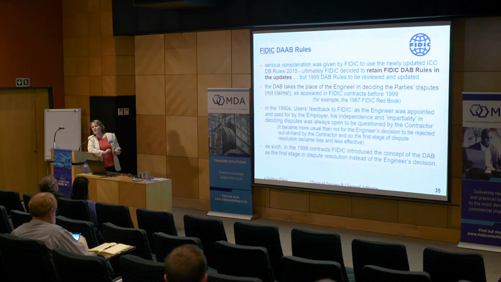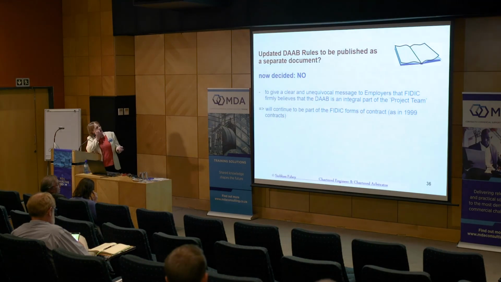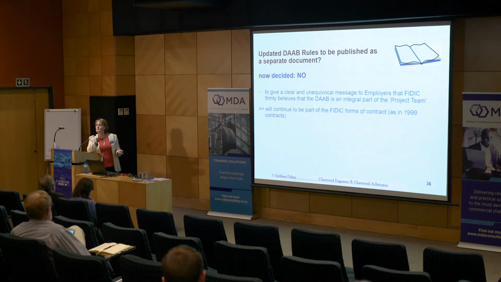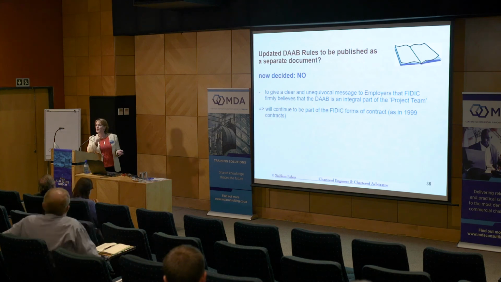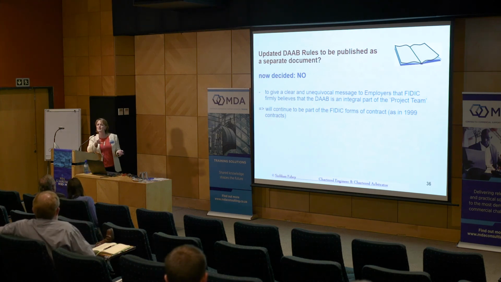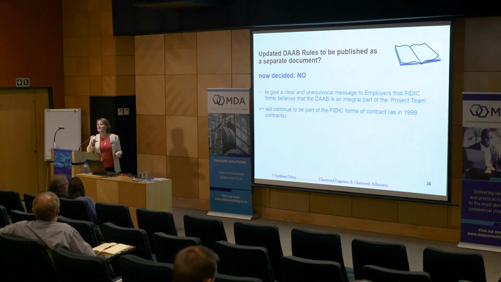I'll skim through this, but as you're aware, the DAB rules are also published with the actual books, towards the back. There was talk about whether they should be published as a separate document. Somebody, I think, mentioned this morning that as regards dispute avoidance, maybe FIDIC were paying attention to what the ICC were doing. No, nobody said that? That wasn't the case. We were working with the ICC at the time.